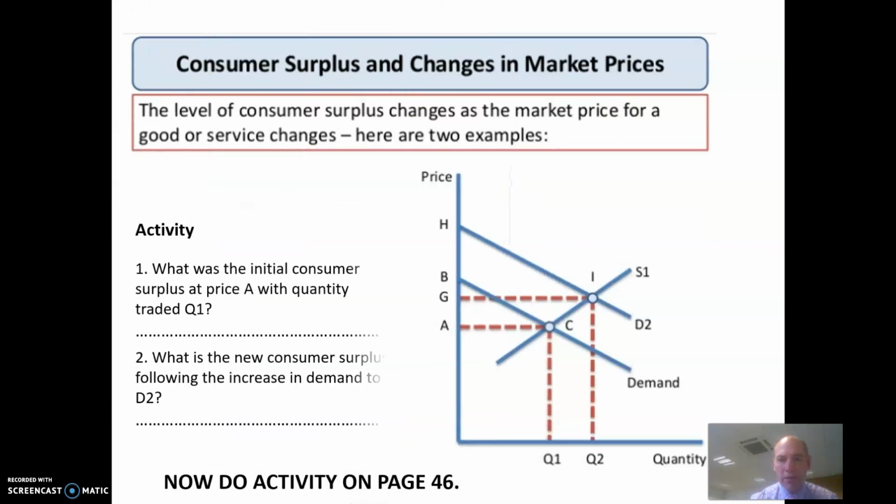Now, the next question, which you have at the top of page 46. In this instance there has been an increase in demand. Take the initial situation, initial supply curve and demand curve, the price was A. Identify using the letters the initial consumer surplus, and then once demand increases, what becomes the new consumer surplus.